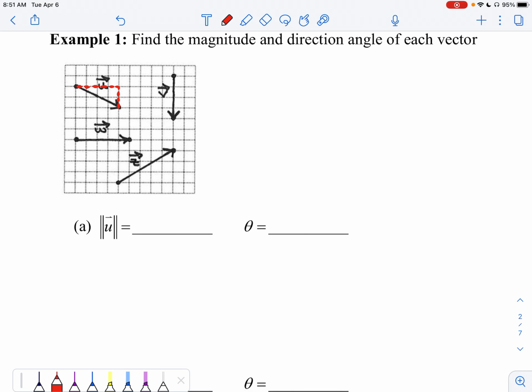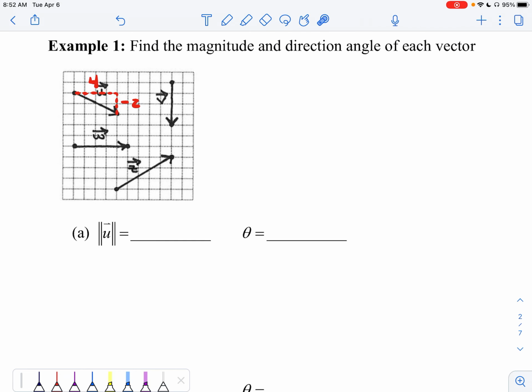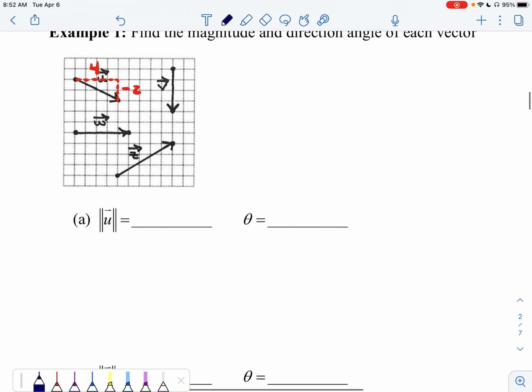So for our components, we are going 1, 2, 3, 4 units to the right, and we are going 1, 2 units down. So since it's down, our vertical component is -2. All right, so the magnitude of the vector is just the length of the hypotenuse, so we're just looking at Pythagorean's theorem.